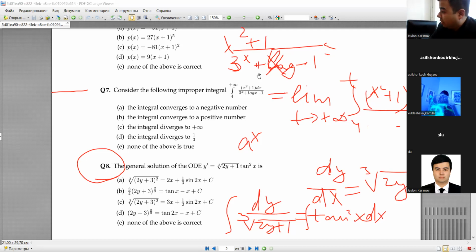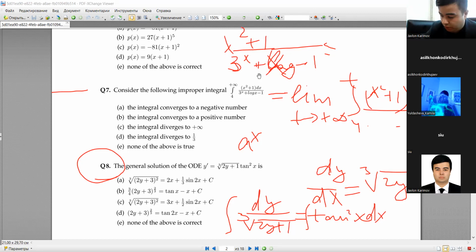What kind of replacement can we do here for a to the power of x? I think the answer is that it converges to a positive value. It will be the correct answer, because here you can see the denominator tends to infinity faster than the numerator, because here is a to the power of x and a is greater than 1.